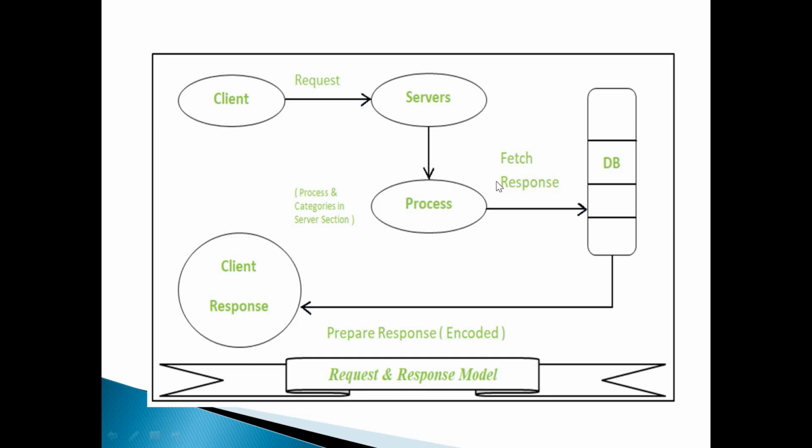The server fetches the data from the database, gets the information from the database and returns it to the client with the response. Both the request and the response are in the encoded format in the request and response model.